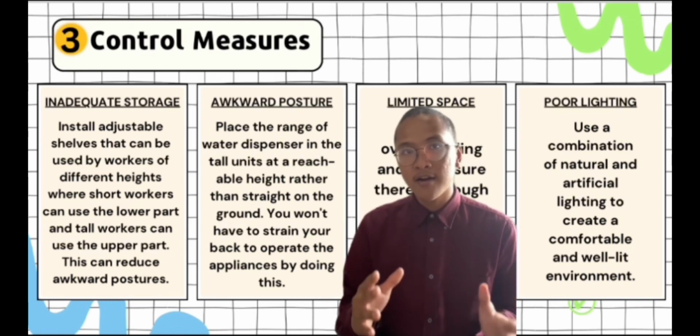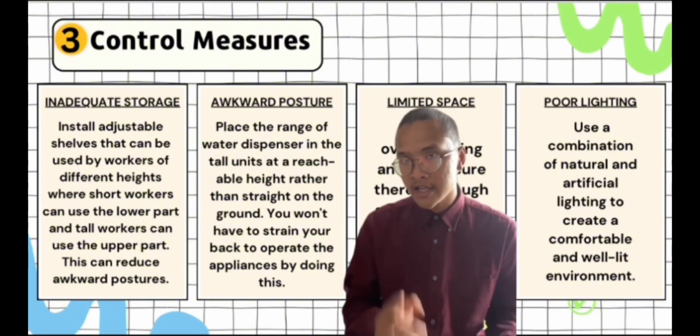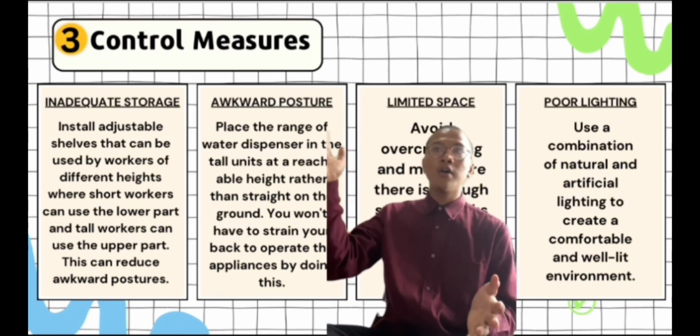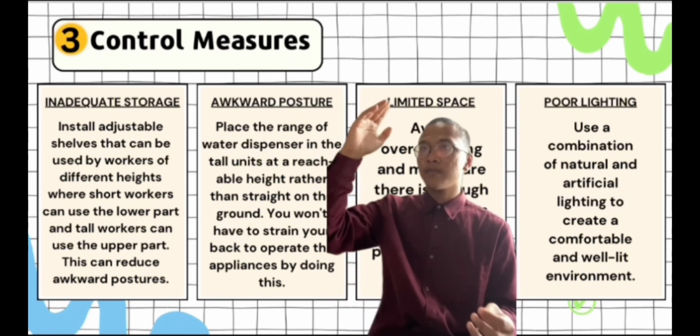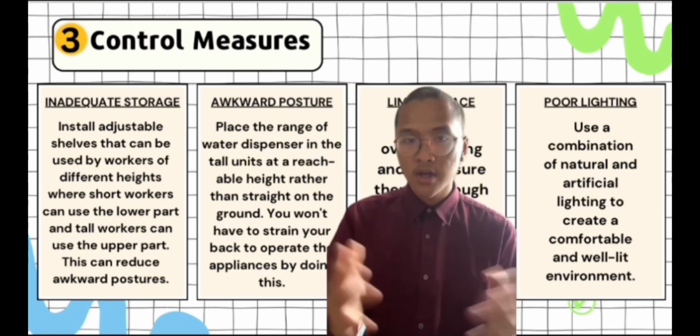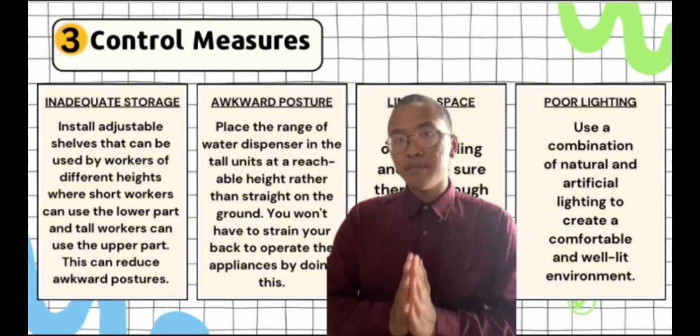So natural lighting is out of the picture, but for artificial lighting, I can approve that. You can use LED strips around the roof, around the ceiling of the pantry. So yeah, for that, I bid you adieu.